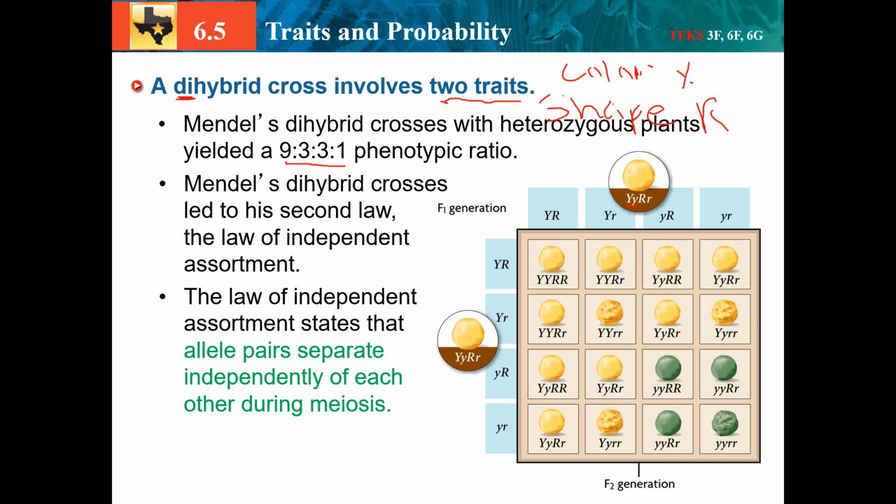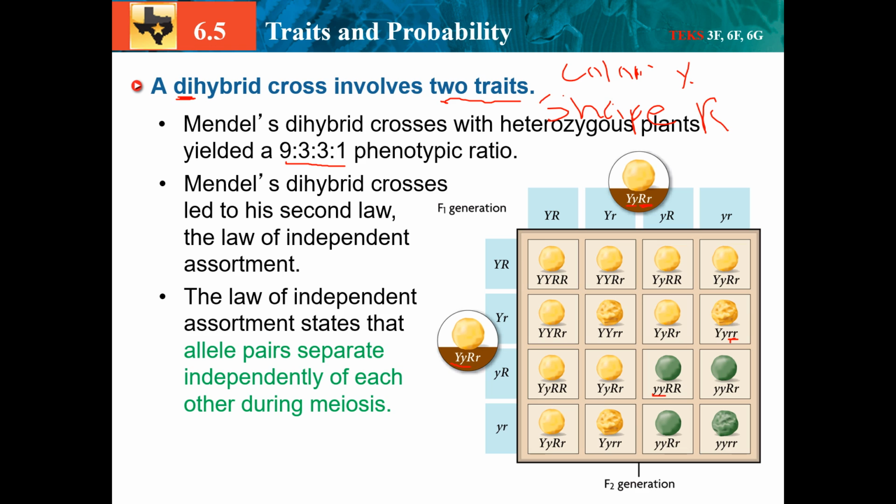So they were big Y, little y for color, so yellow, because yellow is dominant here, and green, little y, is recessive. And they crossed that, and then the other one was big R, little r, which is heterozygous for the round shape, where little r is going to be the wrinkled.